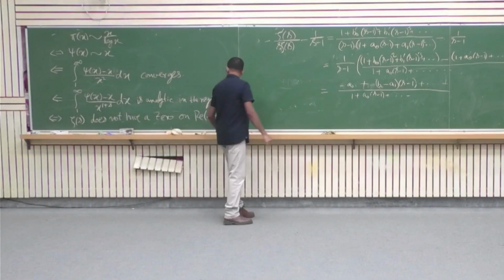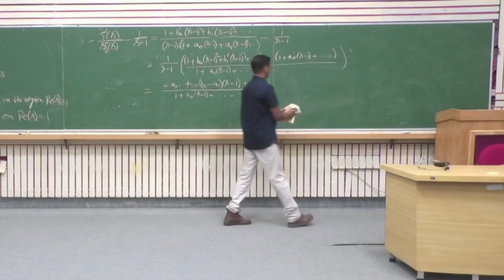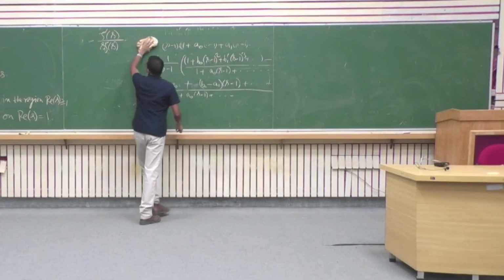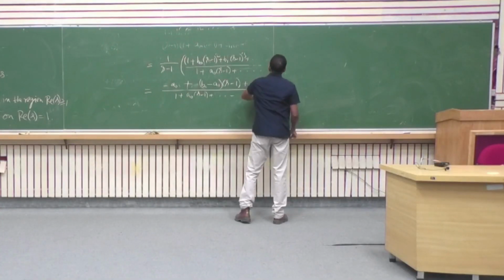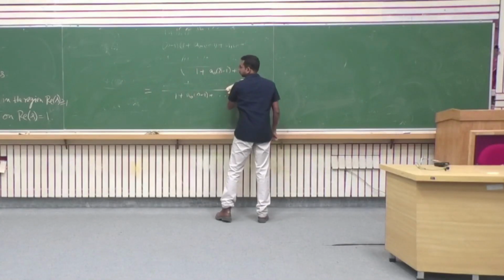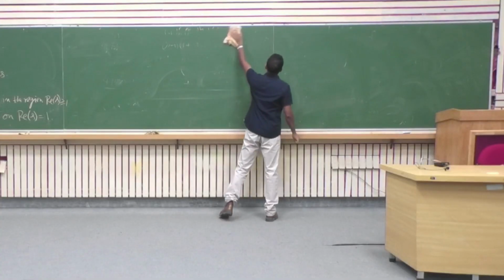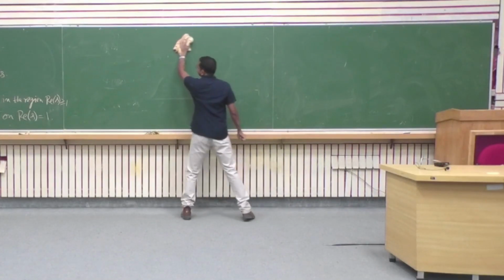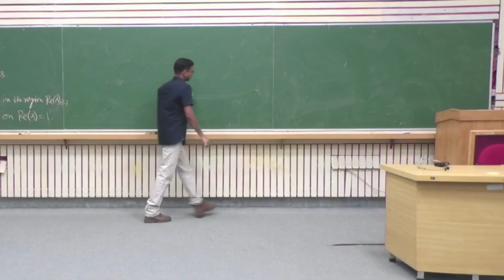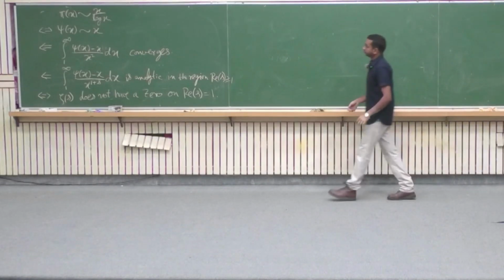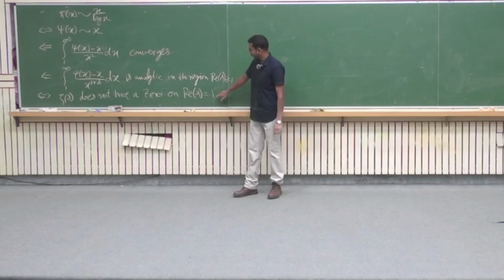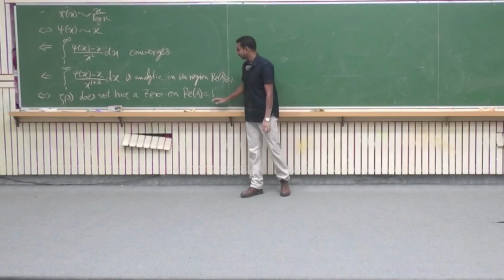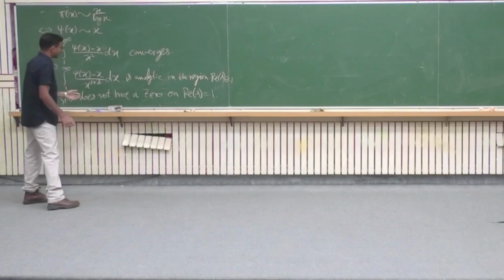So this actually becomes the crux of the proof, that we have to show this is not having a 0 on this line.